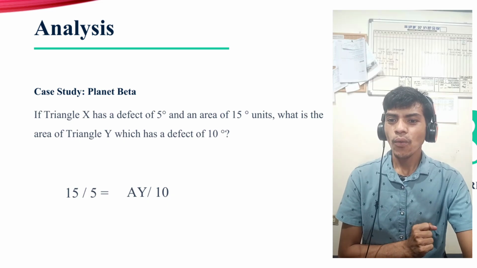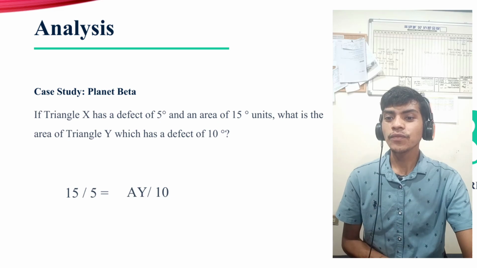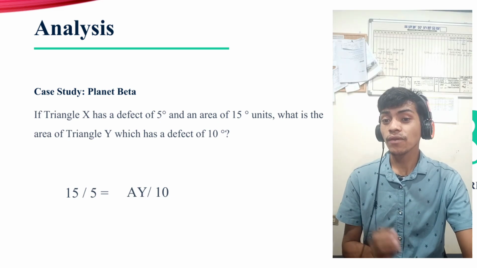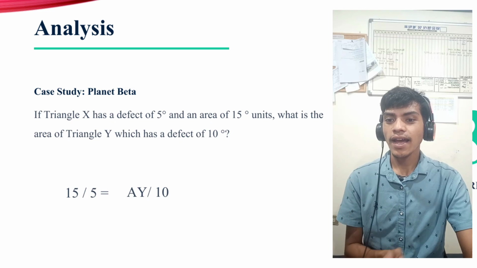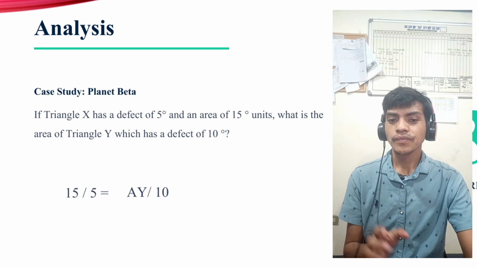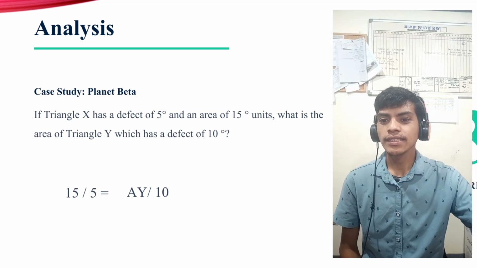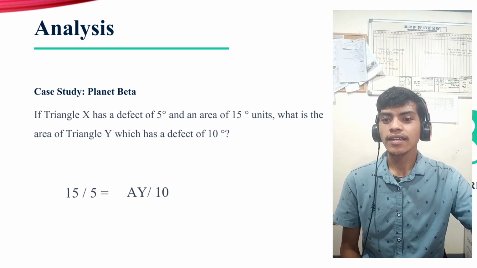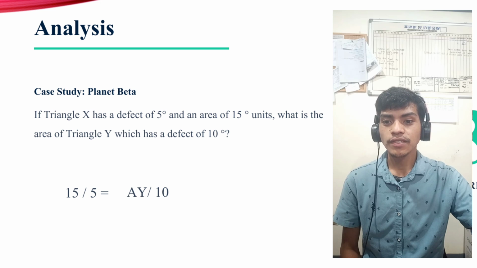So where do you put the 30? Because 15 divided by 5 equals 3. Then you must have A_Y, so 3 is over 1 and A_Y is over 10. So 3 times 10 equals 30, and 1 times A_Y equals A_Y.